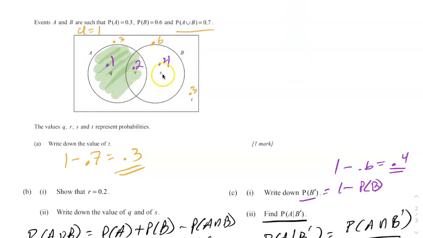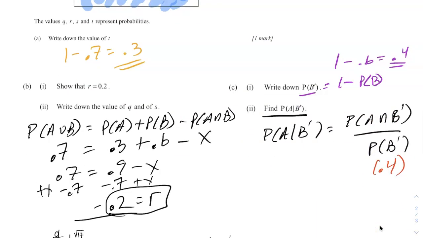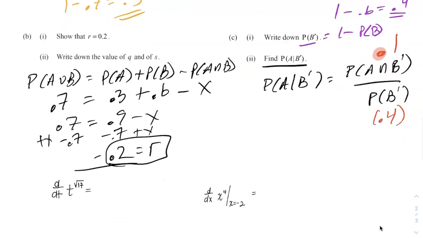So this is B, what's not B? So where does not B and A intersect? Right here, 0.1. Only part they have in common is this intersection, so 0.1. So my answer is going to be 0.1 over 0.4, also known as 1/4.